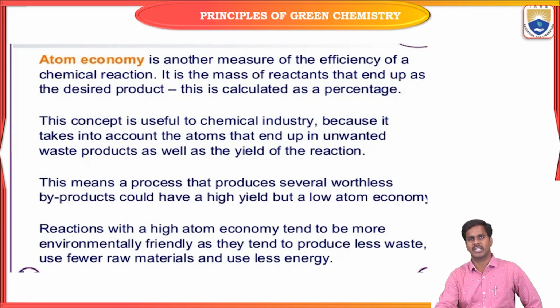Atom economy measures how much useful product is formed from the reactants. So with the help of atom economy, we can measure the percentage of useful product formed in the reaction.